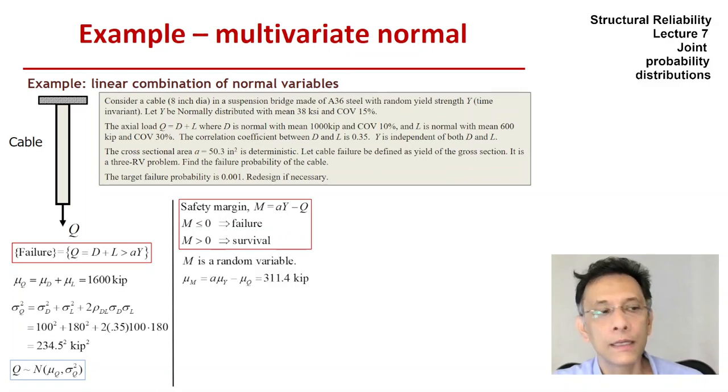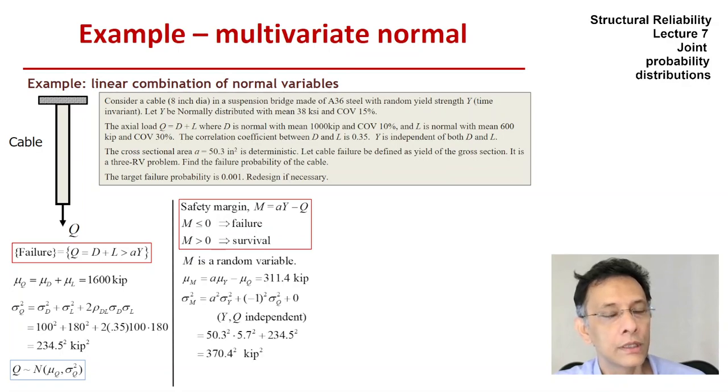M is also a random variable, so it has its own mean, which turns out to be 311.4 kip, and it has its own variance, which, since Q and Y are independent, has no correlation term between them. So the variance is simply 370.4 squared.